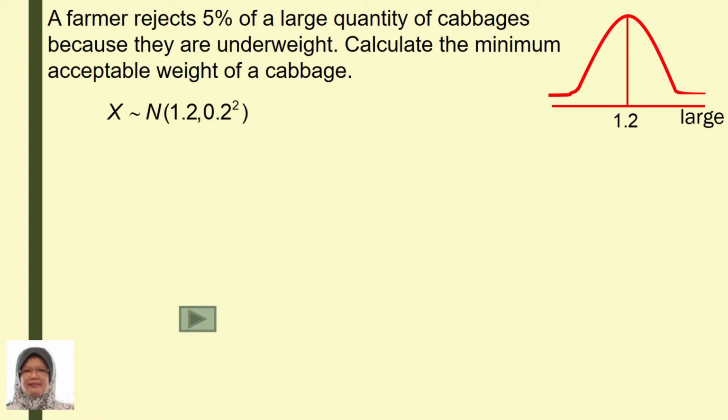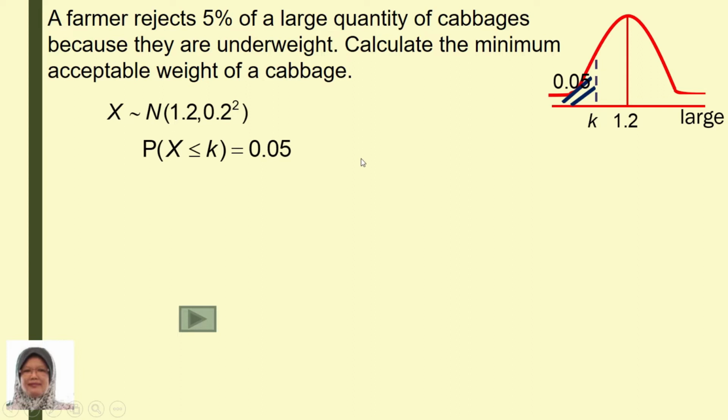Because they are underweight, we put K on the left side because the area is 0.05. We write the equation P(X ≤ K) = 0.05.